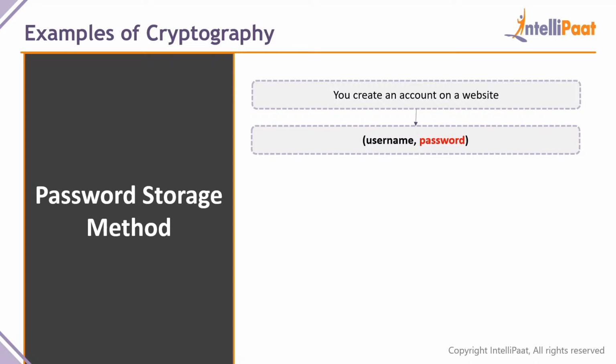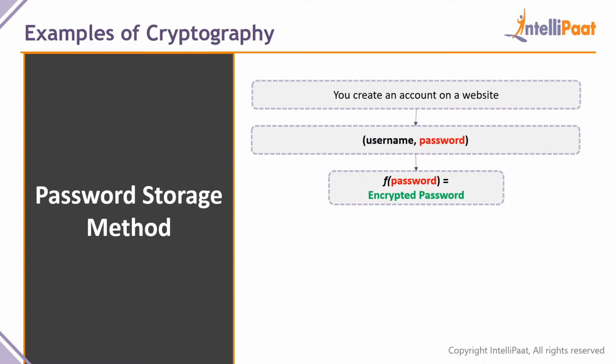So whenever you create your account in most secure websites, your password is converted into an encrypted password by passing through a hash function. Your password is in plain text format, right? And it is passed through a hash function, and it is hashed into an encrypted password.